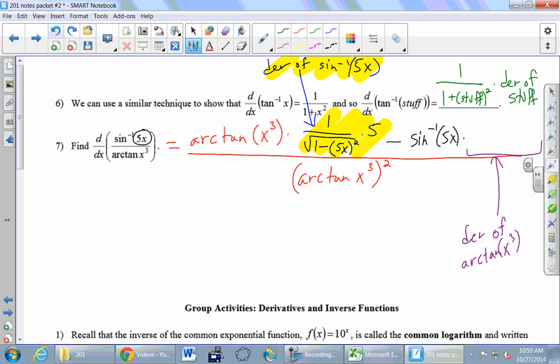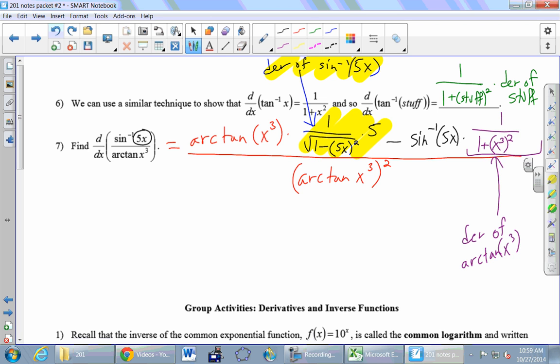So we said that arctan is the same as inverse tan. I see right here in green at the top of this page the derivative of inverse tan of stuff, 1 over 1 plus stuff squared. So what does that become in this case? One over 1 plus x cubed squared. That's it. Okay.